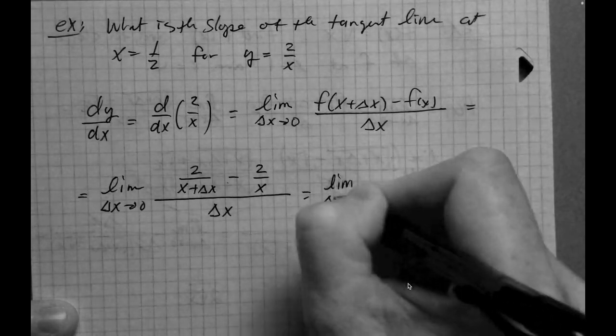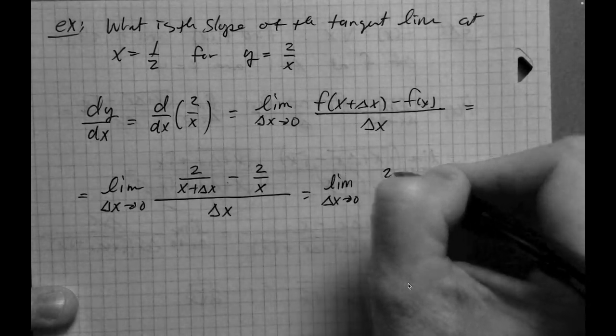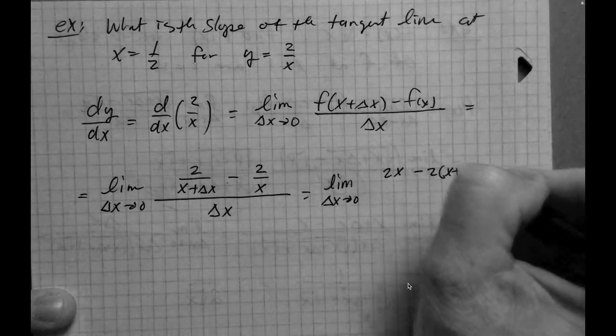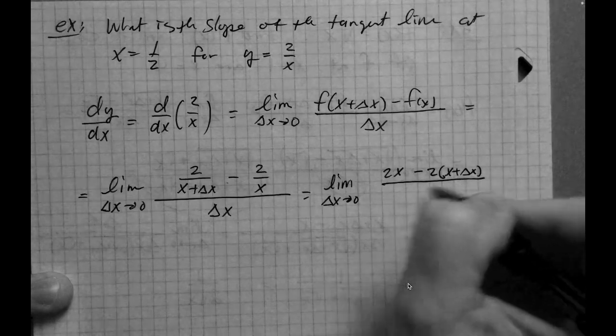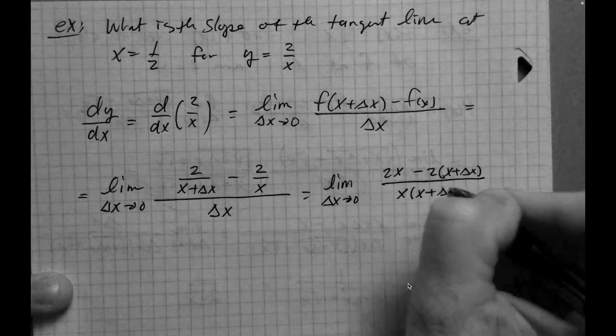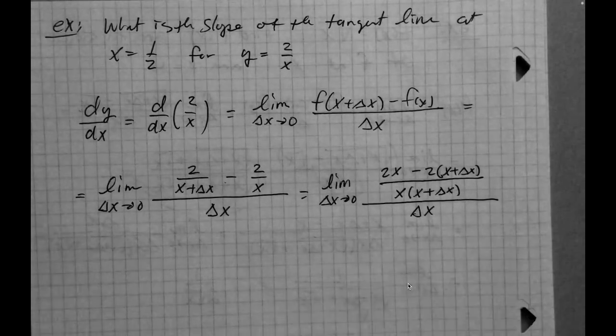So, limit as delta x goes to 0. Now we're going to have to get a common denominator here, so the numerator is 2x minus 2 times x plus delta x, and the common denominator will be x times x plus delta x, and then the whole thing is over delta x, let's not forget.